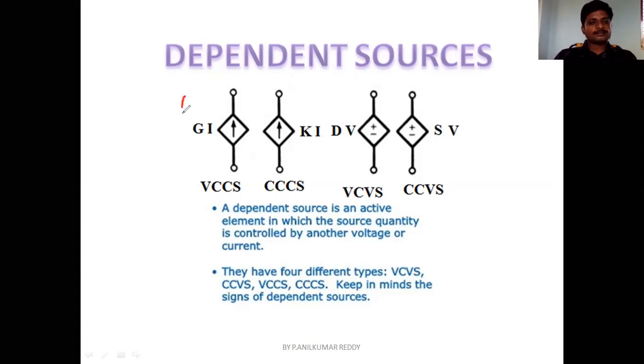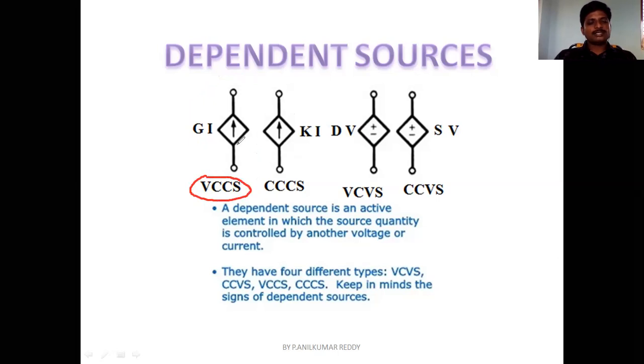So here, dependent sources are always denoted by a diamond symbol. Okay, whether it is a current source or a voltage source, it doesn't matter, but it has to be represented with a diamond symbol. So if you want to classify dependent sources, we have four dependent sources. Voltage controlled current source.